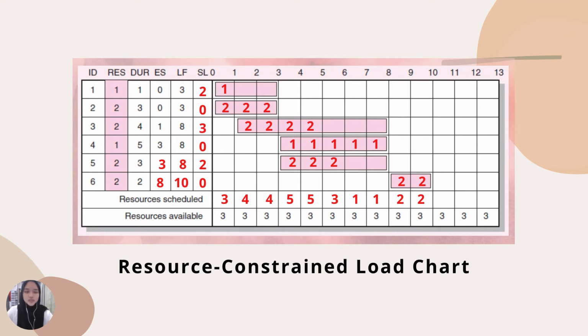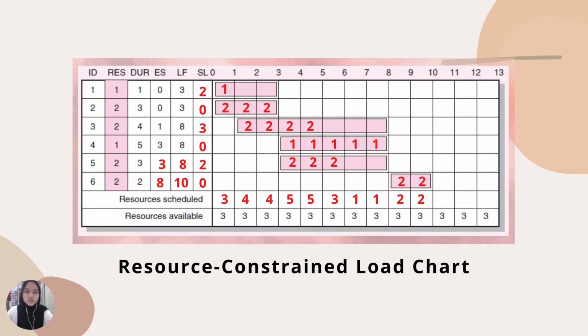So maybe some of you might also be asking why the shaded region has empty or blank boxes, like in activity 1. This is because, as you know how to fill in, activity 1 states that the number of resources needed is only for one duration of 1.